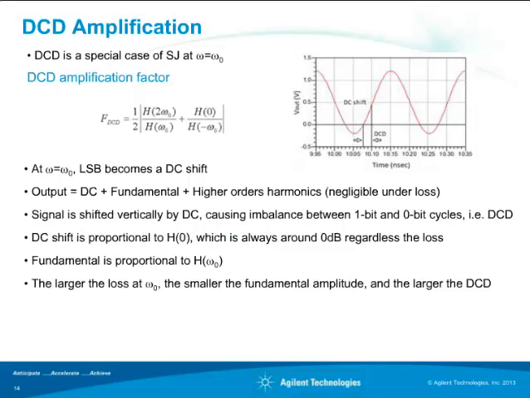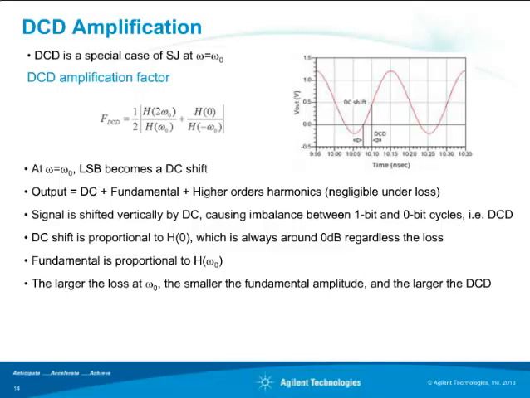We can apply the same theory to DCD. DCD is just a special case of Sj at the jitter frequency omega equal to the fundamental omega 0. Therefore, we can use the previous formula to get the DCD amplification factor, which is shown in the middle of this slide. We notice that for DCD, the lower sideband becomes a DC shift.